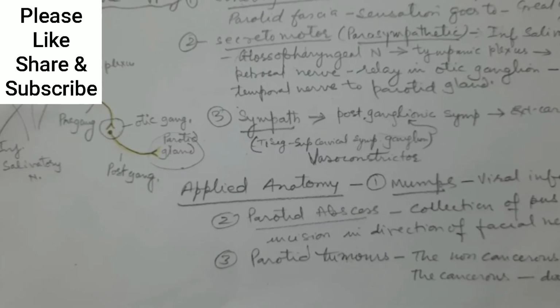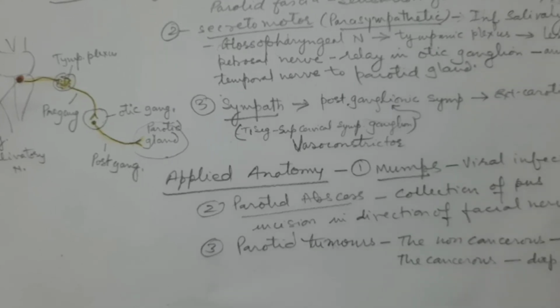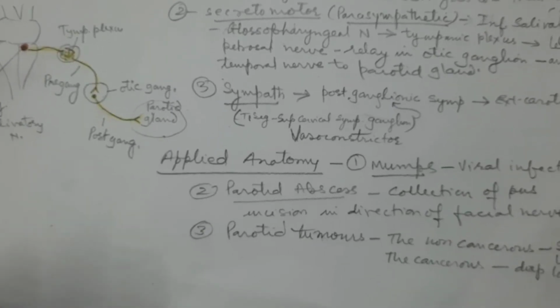The last applied importance is parotid tumors. Now a tumor is a formation of a lump, and this may be of two types, cancerous and non-cancerous. If it is non-cancerous, mostly it is superficial to the branches of the facial nerve, and all the mass of the parotid gland which lies superficial to the branches of the facial nerve is called the superficial lobe.